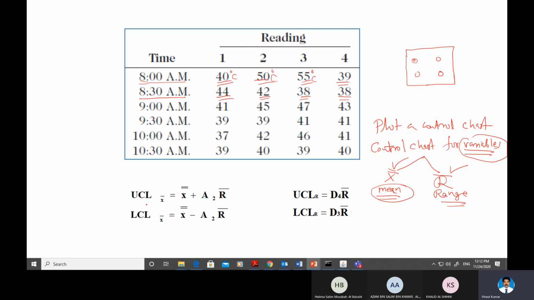Now here the upper control limit and lower control limit, we have to calculate them for this chart. As I explained before, let us start with the X double bar chart.